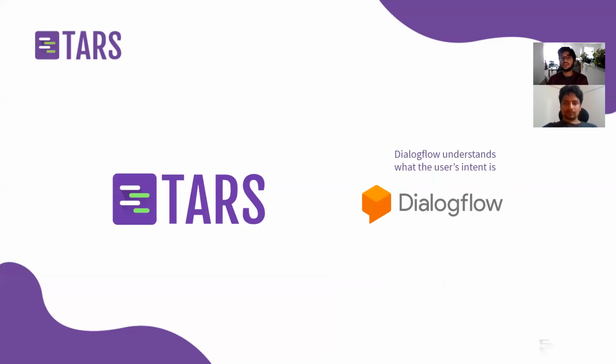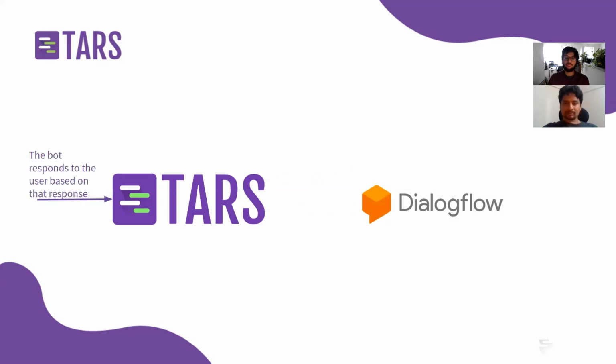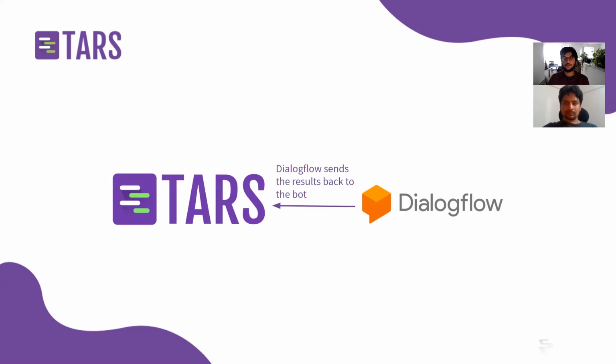So it reads that message, it tries to classify it based on its natural language processing. And then it sends that result back to the bot, and then the bot can use that result from Dialogflow to respond to the user based on what they said.